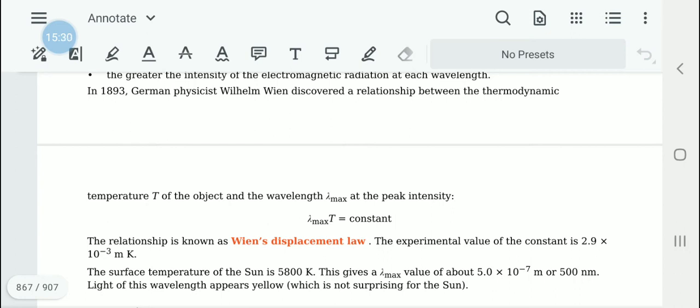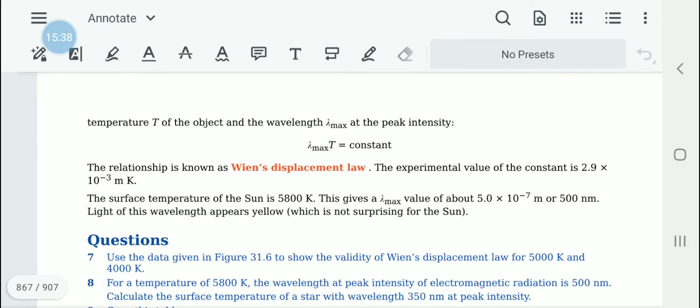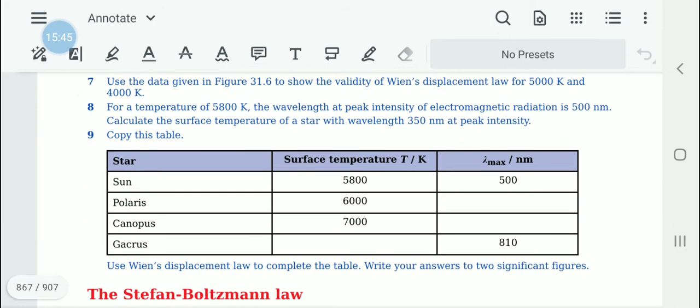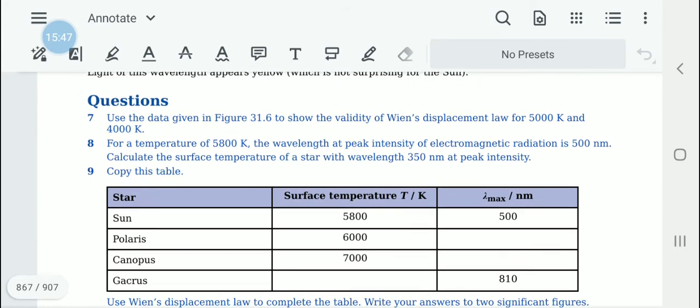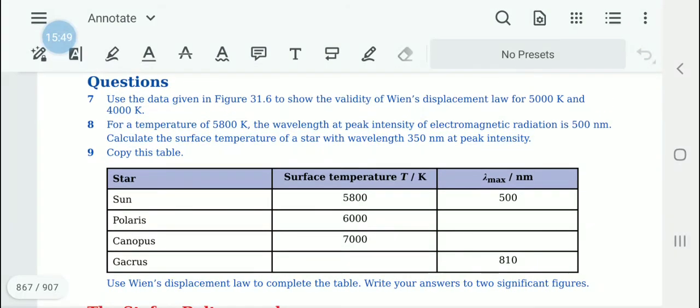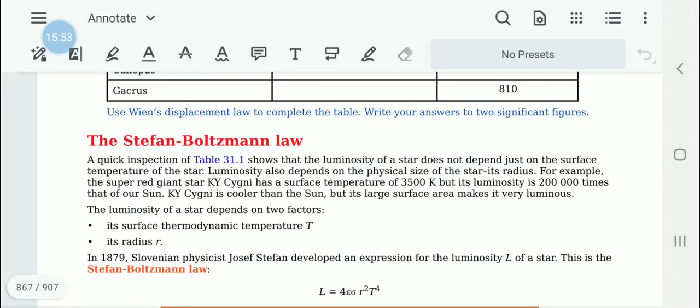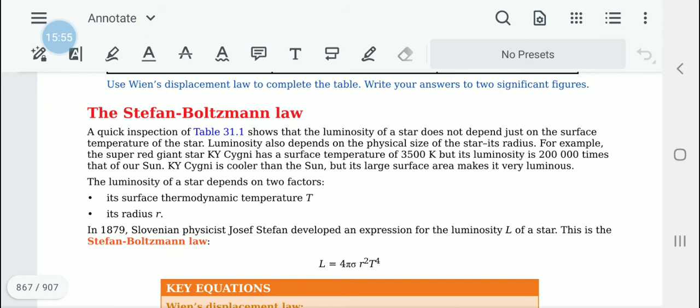The surface temperature of the sun being 5800 Kelvin would give us 500 nanometers, which is the wavelength of the color yellow. So using these values and using the details, please do question number 7, 8, 9. After doing that, we will move on to the Stefan Boltzmann law.